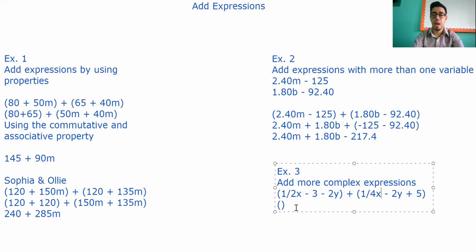So in here I have 1/2x plus 1/4x, okay, plus, and I add this part, negative 2y plus negative 2y.